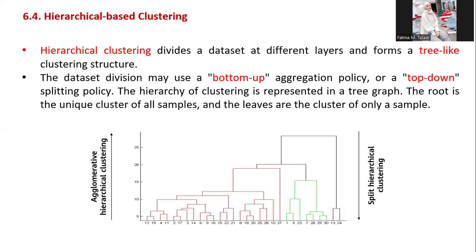Hierarchical clustering divides the dataset at different layers and forms a tree-like clustering structure. The dataset division may follow a bottom-up aggregation policy or a top-down splitting policy. The hierarchy of clustering is represented in a tree graph. The root is the unique cluster of all samples, and the leaves are the clusters of only one sample.